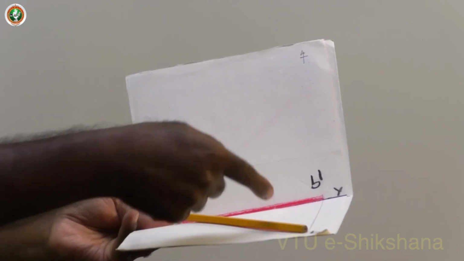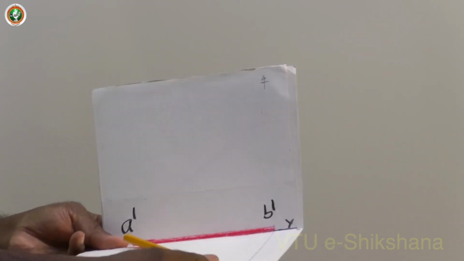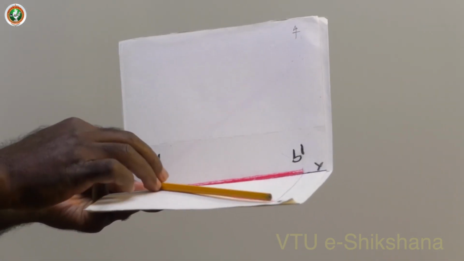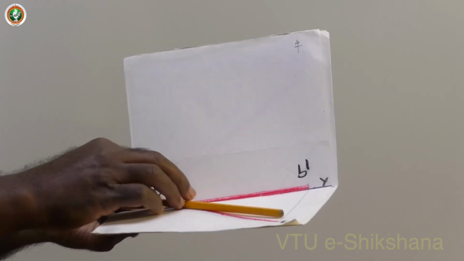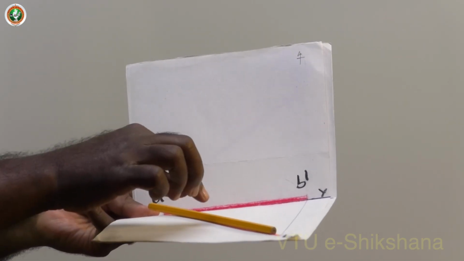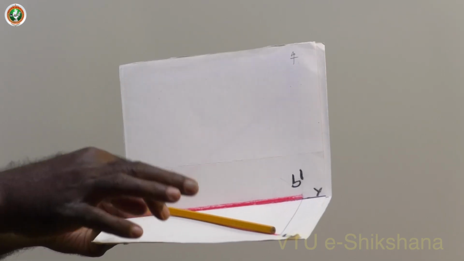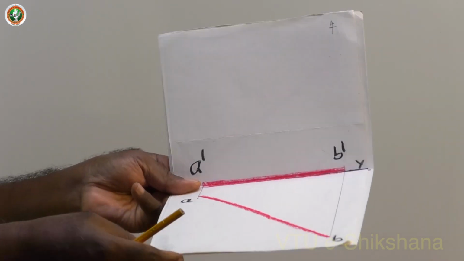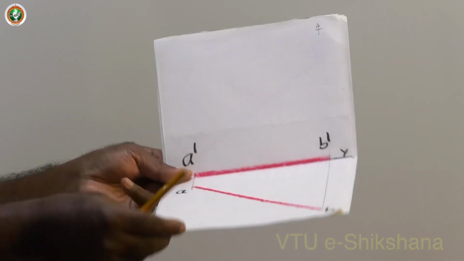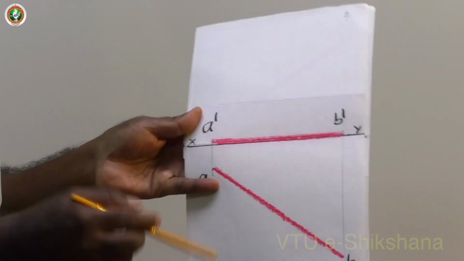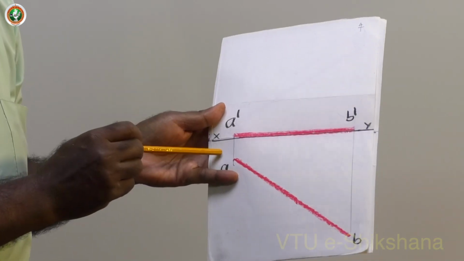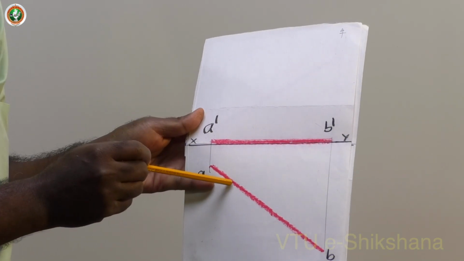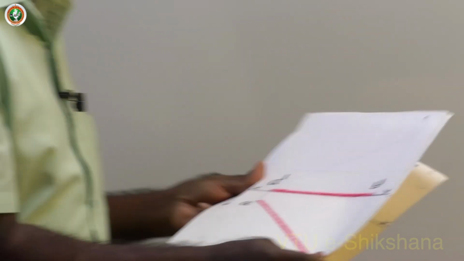Now the projection length is the apparent length, and A dash, B dash is its view, and the corresponding top view is this itself, the impression of this line itself. Now I will remove the actual line and then say AB is the top view, A dash, B dash is the front view, then rotate. Now I can say the line is on HP and the line is inclined to VP by phi.